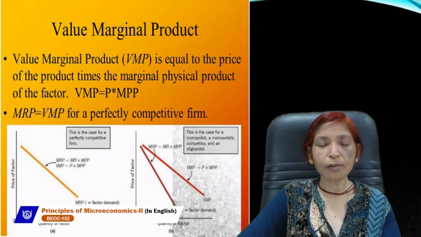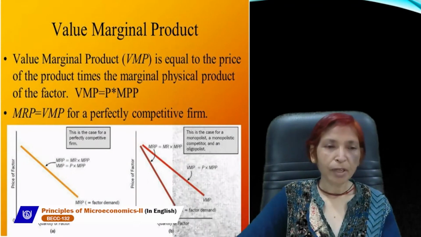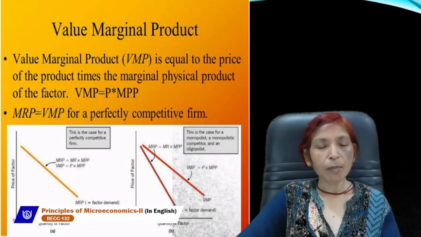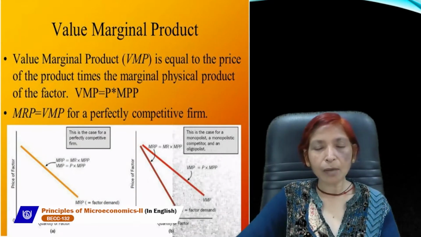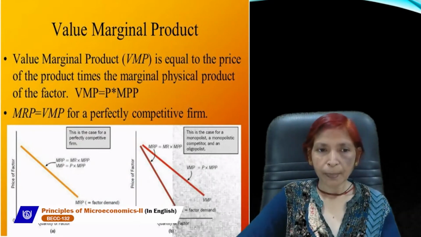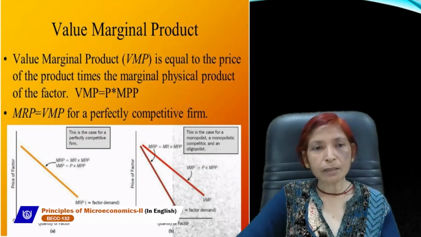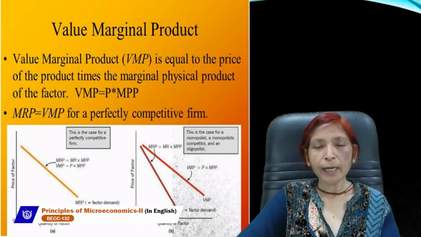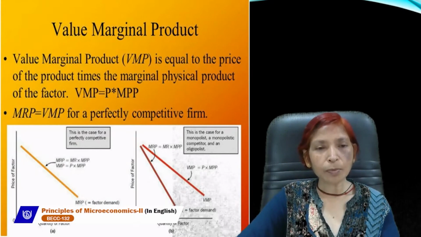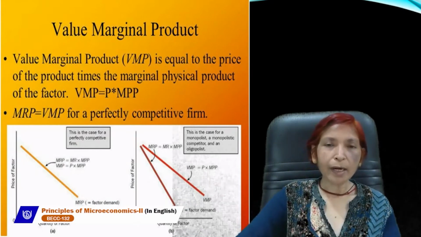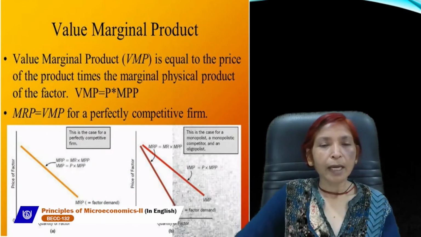Production means output, the number of units produced by the producer. Marginal physical product is the net addition in output when including one more additional unit of any input.